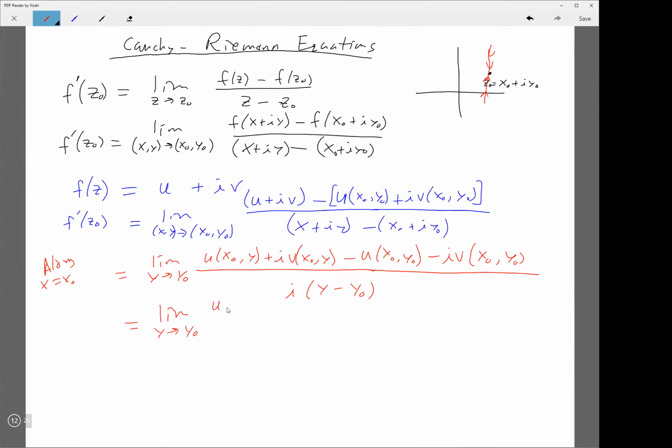Okay, so now it's going to be the limit as y goes to y0. And then you're going to have u. I'm taking this and this, and then I'm taking this minus this, over the same thing.